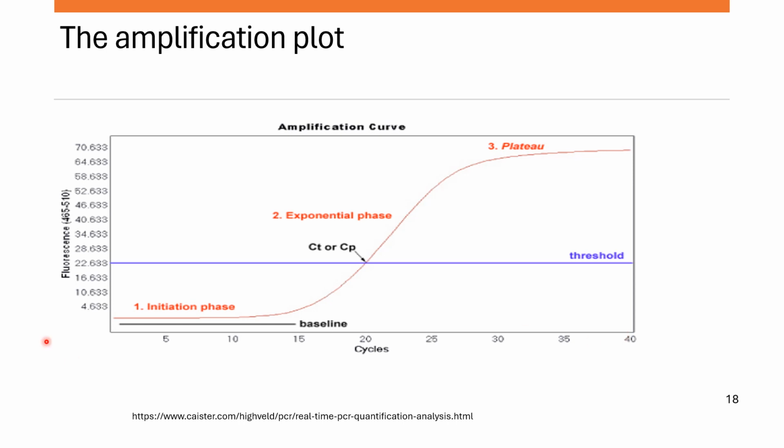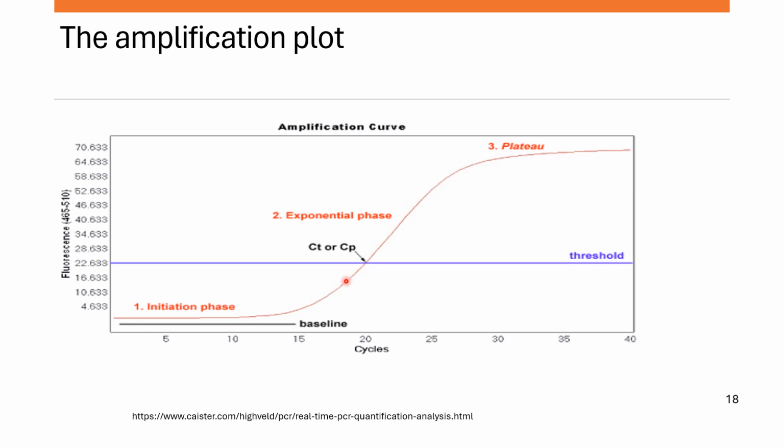At the start of the run, when the amount of PCR product is low, that is during the initiation phase, it produces very little fluorescence. This section of cycles between cycle 0 to 15 is known as the background signal or the baseline signal.